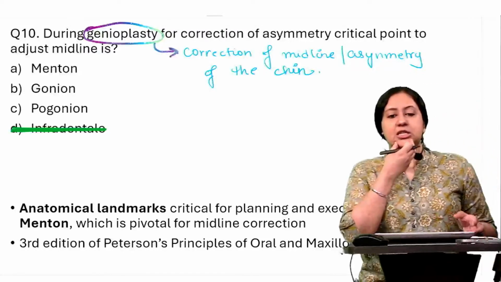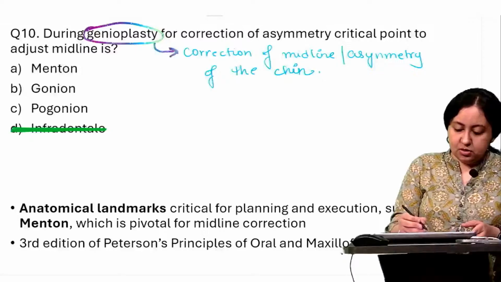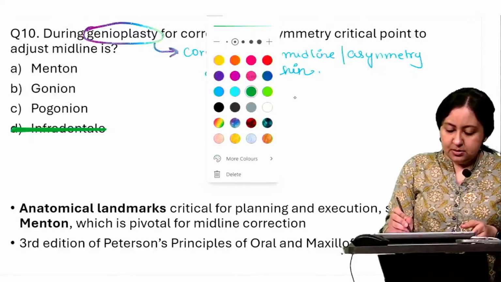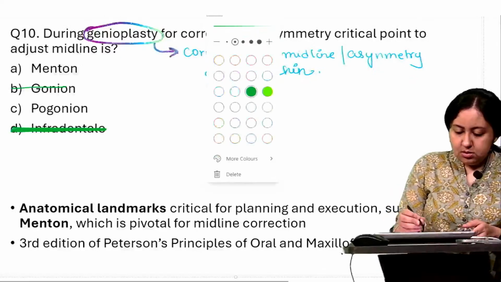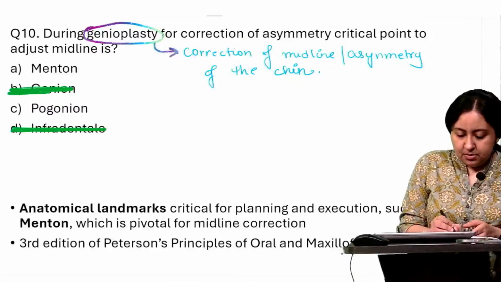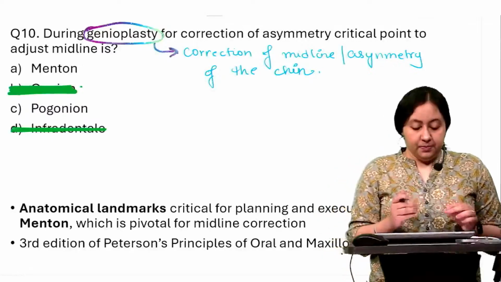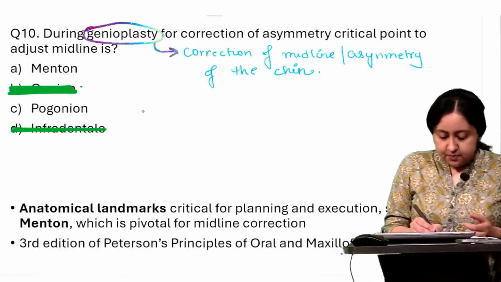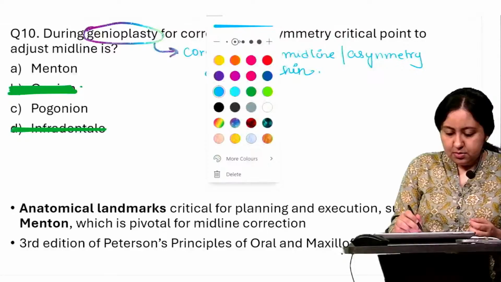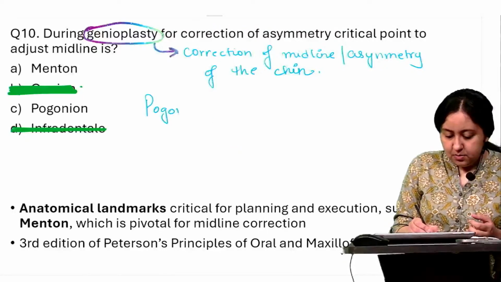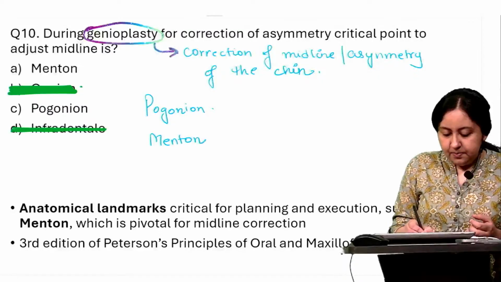Because genioplasty is a procedure done for the chin. So infradental is not present on the chin and gonion is present at the angle. Now there are two landmarks which correspond to the chin. One is pogonion, and one is menton.